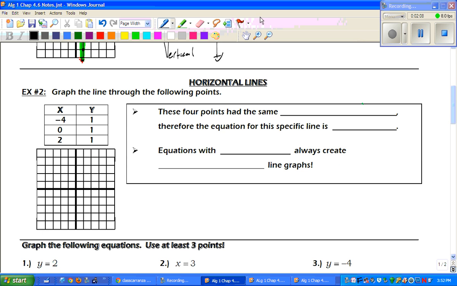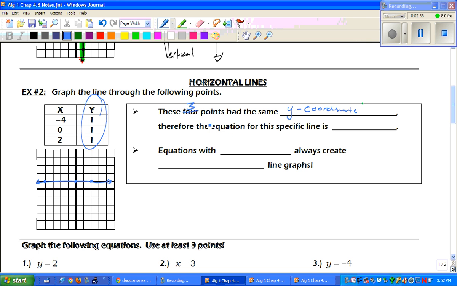All right, let's look at the next one. Horizontal lines. Graph the line through the following points. So we have the points (-4, 1), (0, 1), and (2, 1). Let's draw the line. Now these 3 points have the same y coordinates.